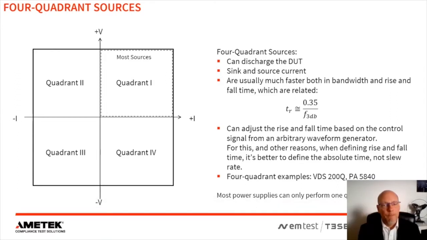That's positive current, positive voltage. You don't get any kind of negative current feeding back to most laboratory power supplies. So it's important to understand what a 4-quadrant source is when you're thinking about what happens in the vehicle. The battery in the vehicle is low impedance, therefore my test setup should be low impedance in that case.